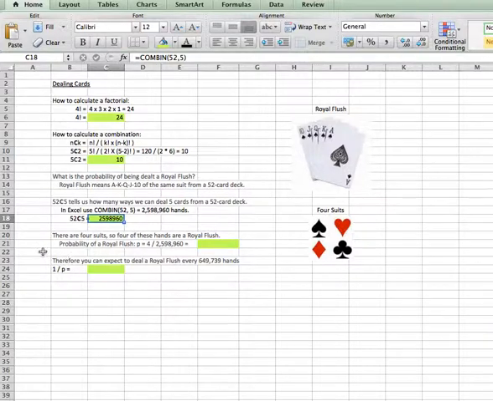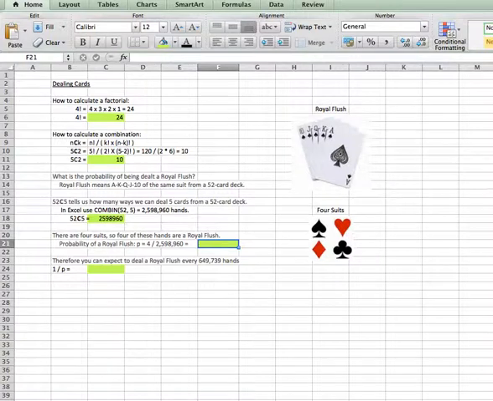All right, so there are 4 suits, so there's 4 of these hands. 4 out of these 2.6 million hands are a royal flush. And the 4 suits are shown in the picture over here: spades, hearts, diamonds, and clubs.